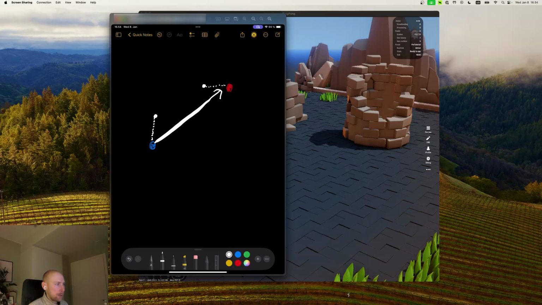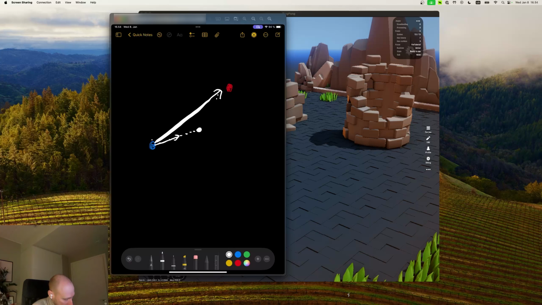There's no right and wrong, but the idea for our guidance arrow example would be that we're going to place the handles a little bit in front of the blue guy, and in front of the blue guy means in view direction. So if the guy is looking in this direction, we're going to place both control points here.